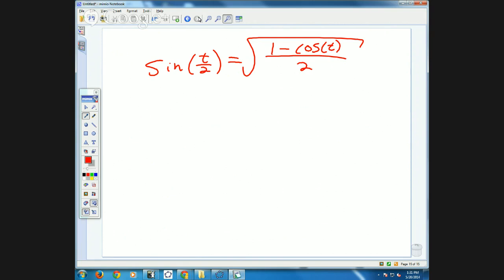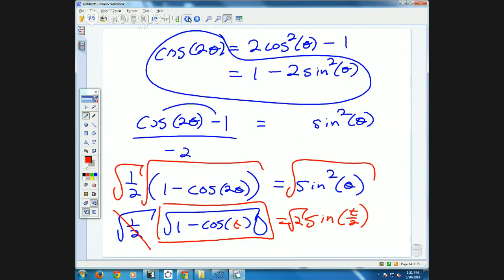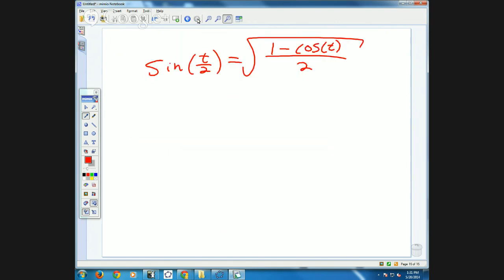Should that end up being 2 sine t over 2? Is there a root 2 pulled out of that integral? You mean back here? It was 2 minus 2 cosine t.